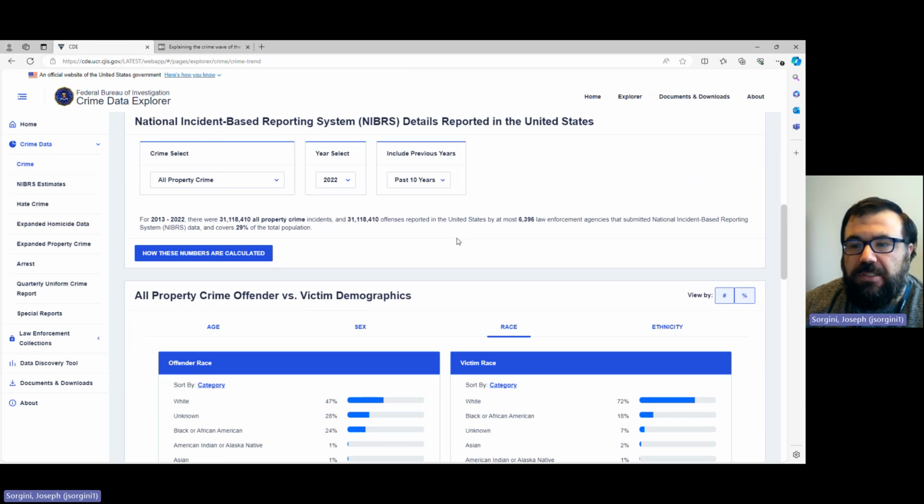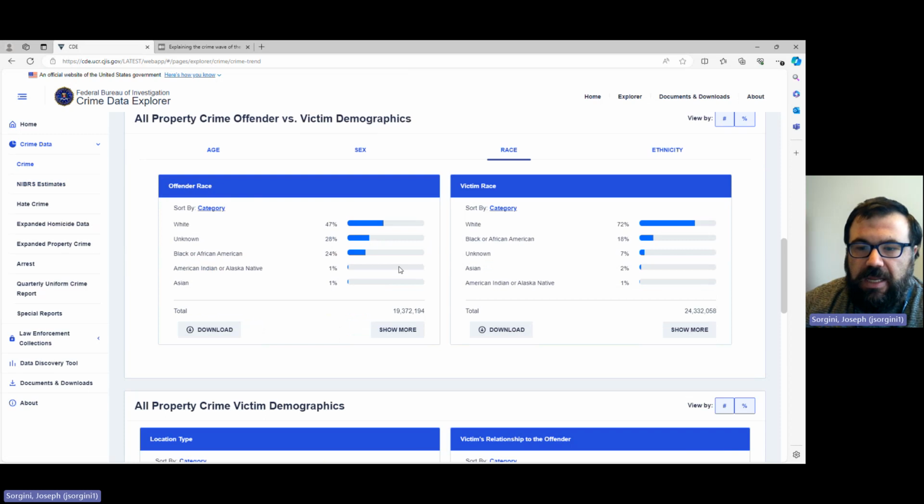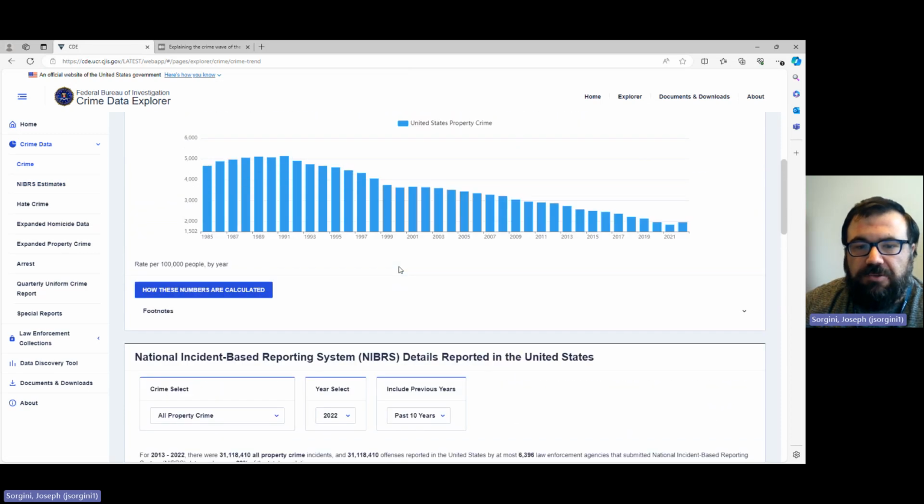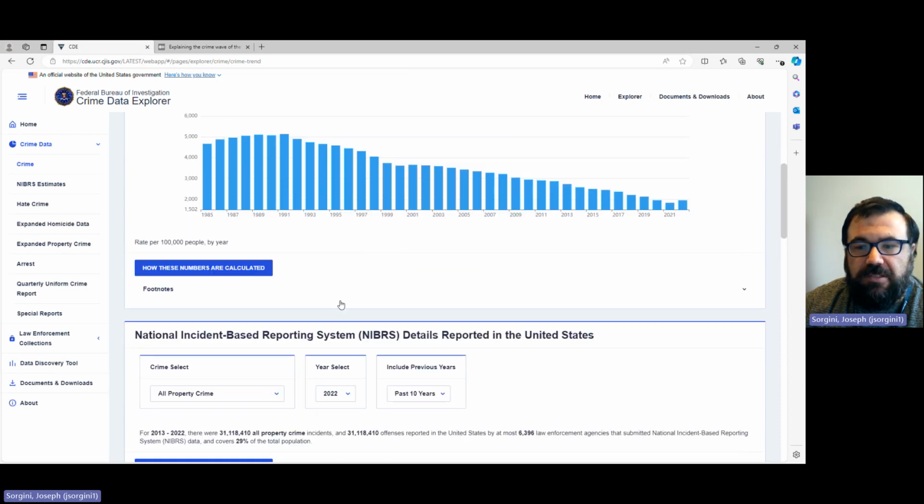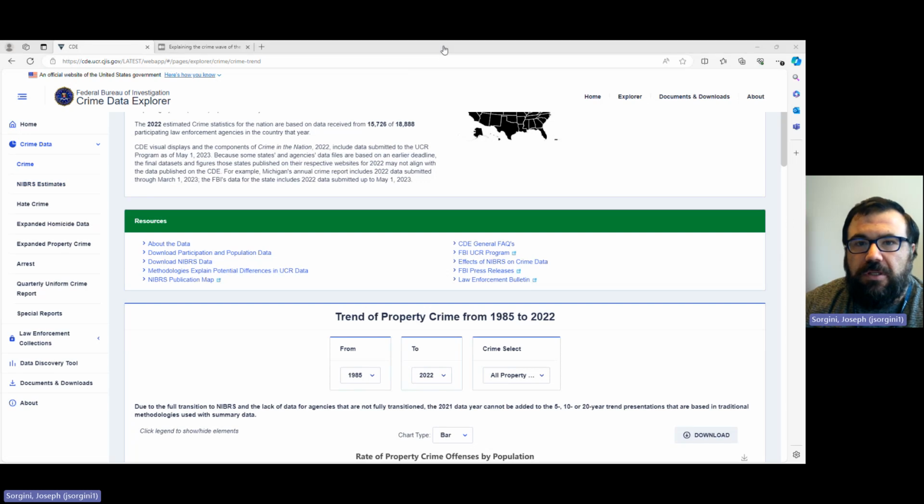This is an important thing to know because when you're presenting this information as a criminologist, you want to make certain you're telling people we have a pretty accurate picture, but we don't have the complete picture. And that's one of the problems with the UCR and the NIBRS that's also included together. So let's go back to the lecture.